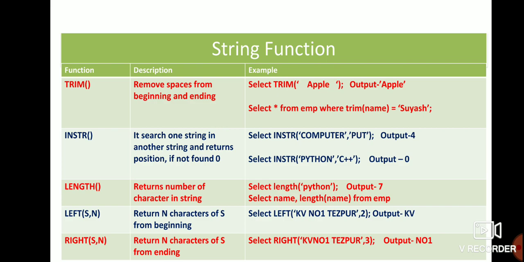So put comes after, in the fourth position. See, C in computer is in the first position, O in the second, M in the third, and P in the fourth position. So you will get the output as 4.